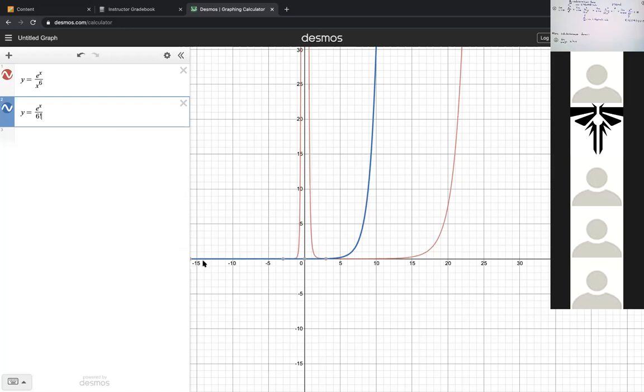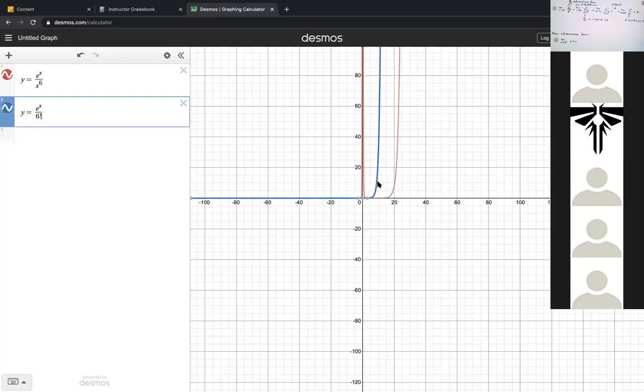But you can see that the blue graph is actually quite a bit simpler than the red graph. The red graph had this extra vertical asymptote at 0. So it's a bit more complicated. And this new function, after we take 6 derivatives, is much simpler, both in its formula and in its graph.